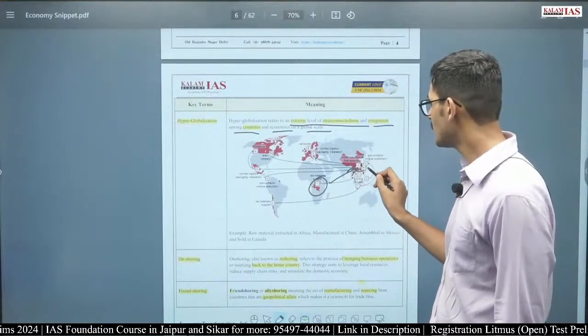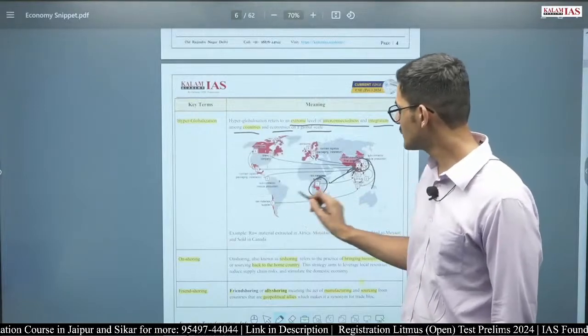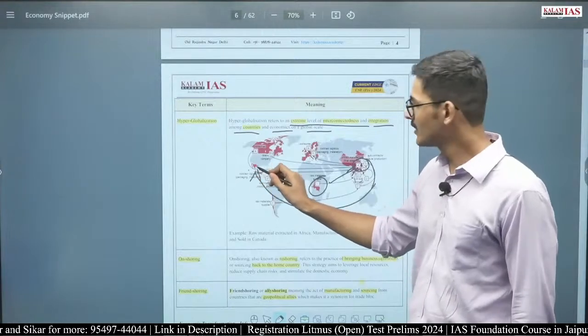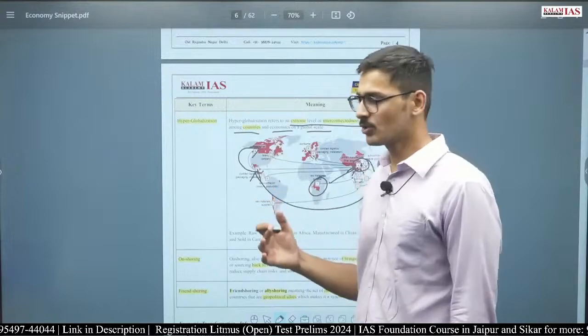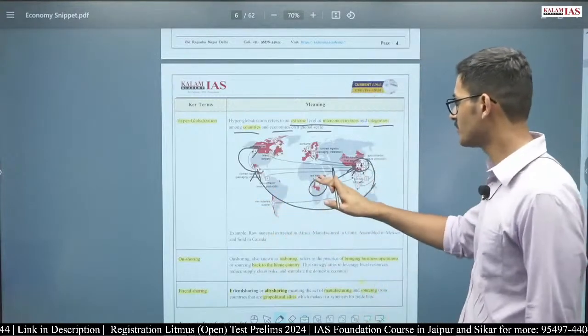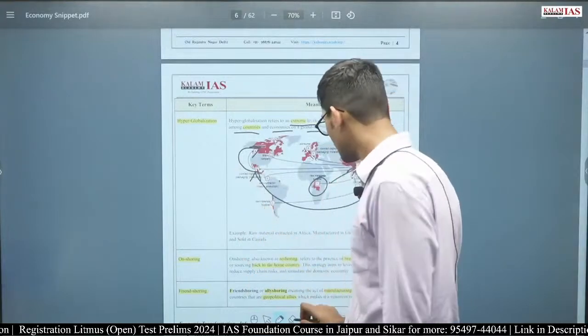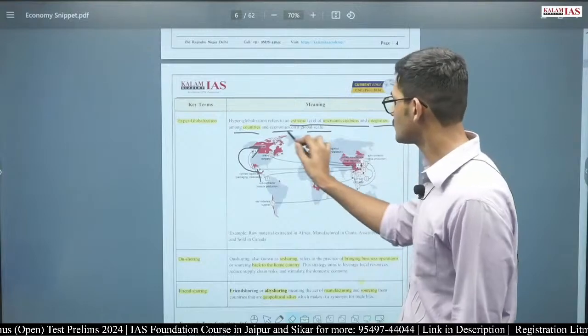In China, the goods are manufactured and then supplied to Mexico, where the goods are assembled, and then again supplied to be consumed in Canada. So this is hyperglobalization. You see how the goods are moving from one continent to another, just to get the economic benefits of low cost of production, low cost of transportation, etc.